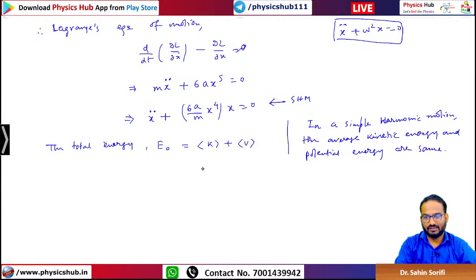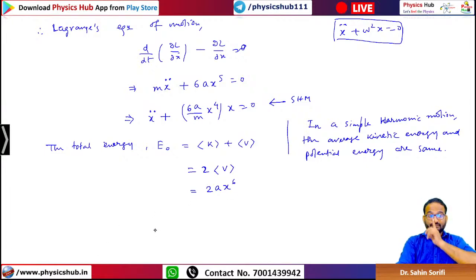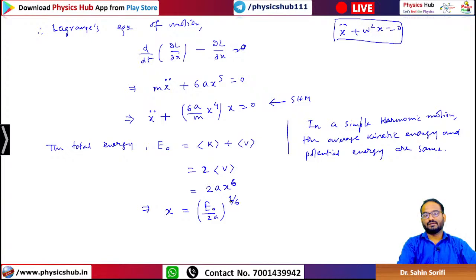So we can write it as 2 times the average potential energy. So this is 2 times ax to the power 6. So from here, what can you find out? What is x? x is equal to (E naught by 2a) to the power 1 by 6.